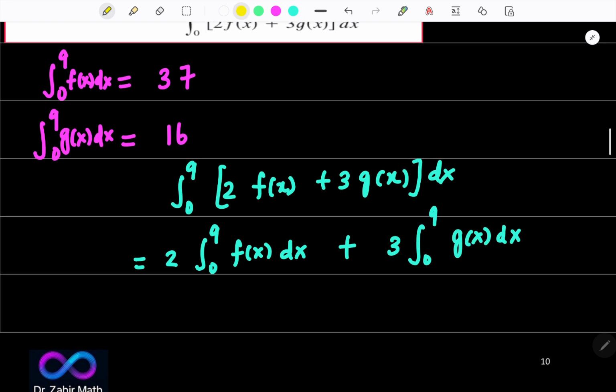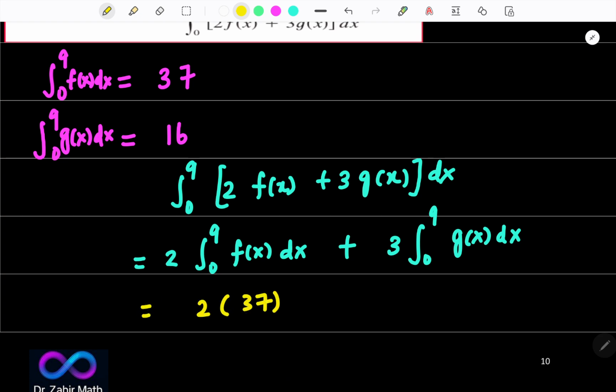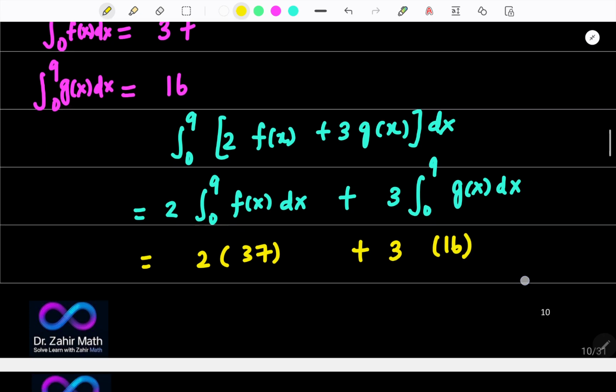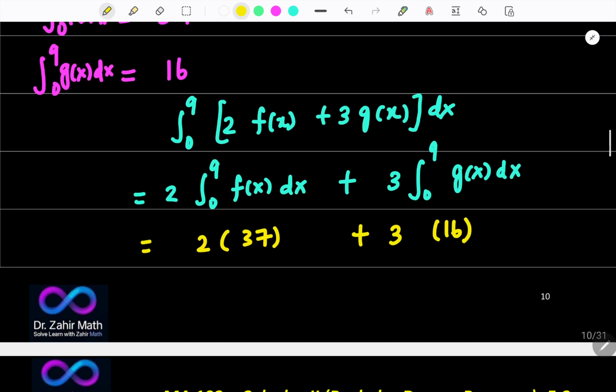Right? Your f of x integral is 37, and your g of x integral is 16. You put it in the calculator now. 2 times 37 plus 3 multiplied by 16 is 122. So this equals 122. Right.